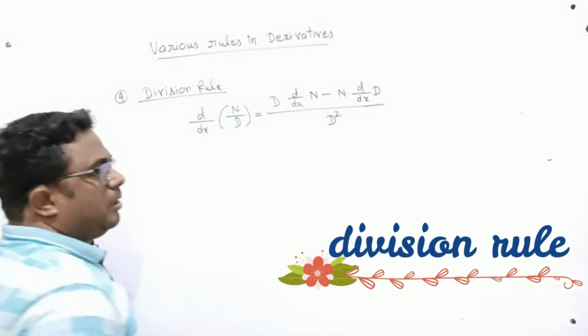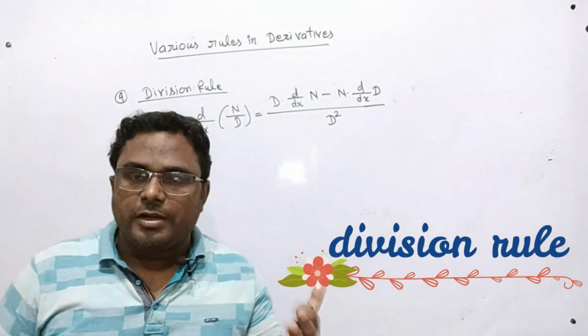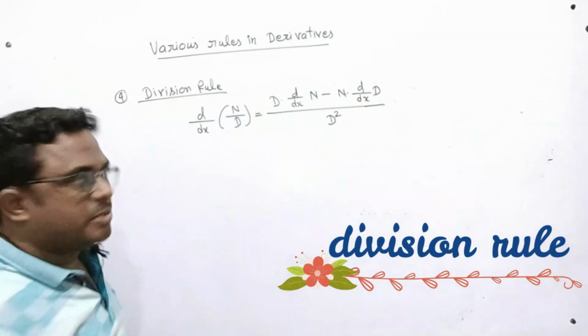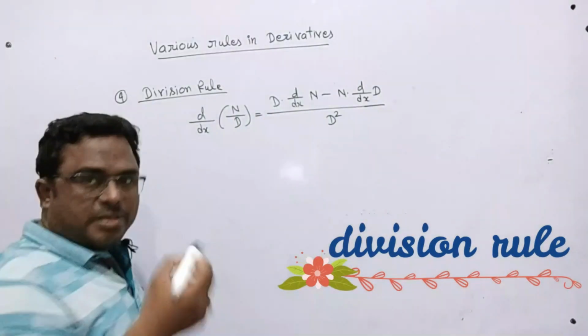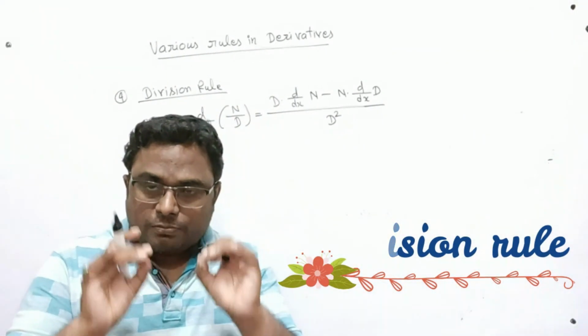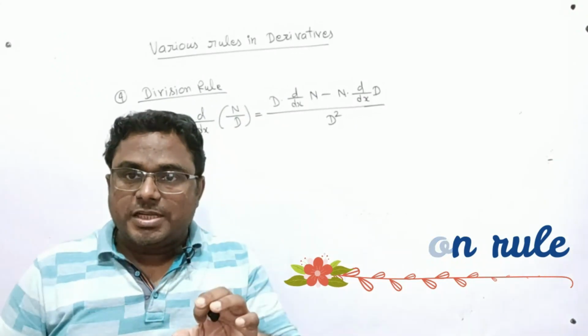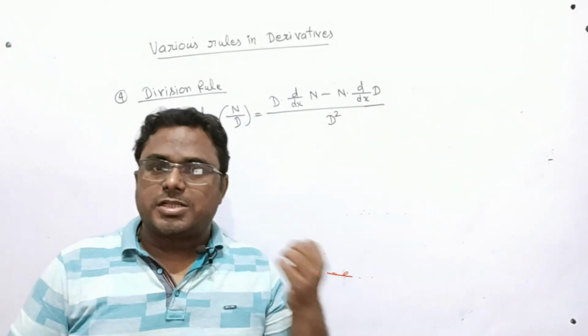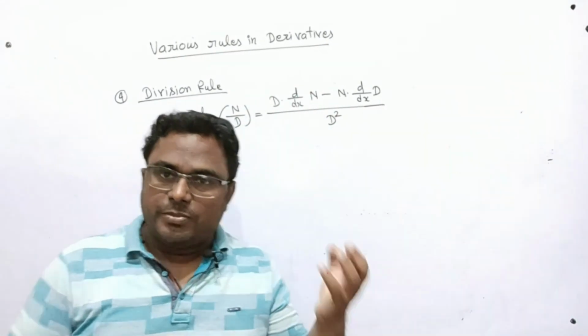It is called the division rule. Here n means numerator and d means denominator, and both n and d are some functions. n means you can say f(x) and d means you can say g(x). So two functions f(x) and g(x) have been denoted by n and d, just to understand the division rule in a simple way.